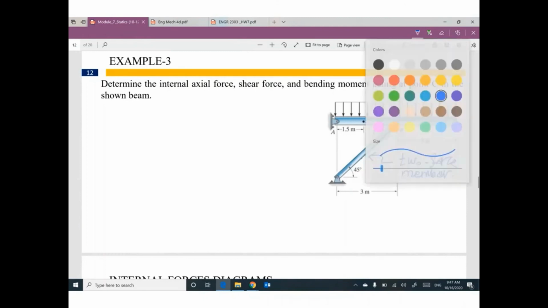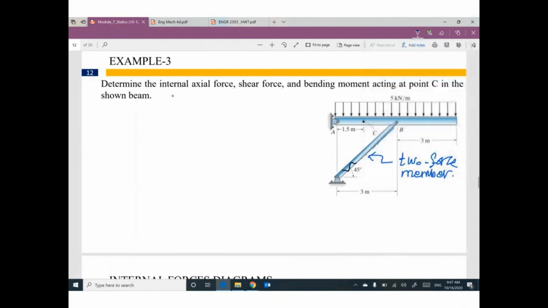I can delete this member and draw this beam like this. At point B, we have one reaction in the same direction of this member. At point A, we have a hinge, so we have two reactions, XA and YA.